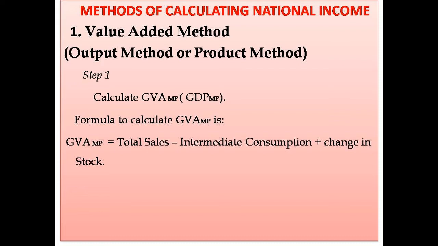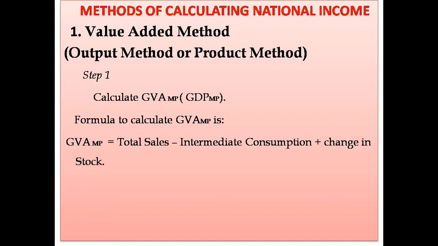First, we need to calculate GVA-MP, gross value added at market price. GVA-MP is nothing but GDP-MP, gross domestic product at market price. But in value added methods, we generally call it GVA-MP.